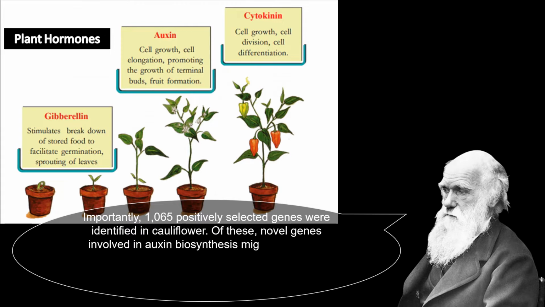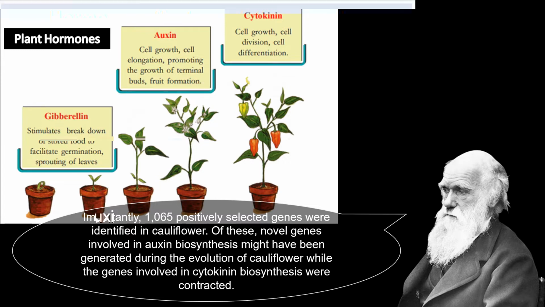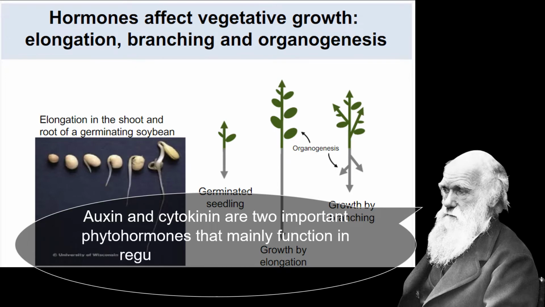Of these, novel genes involved in auxin biosynthesis might have been generated during the evolution of cauliflower, while the genes involved in cytokinin biosynthesis were contracted. Auxin and cytokinin are two important phytohormones that mainly function in regulating plant growth and development.